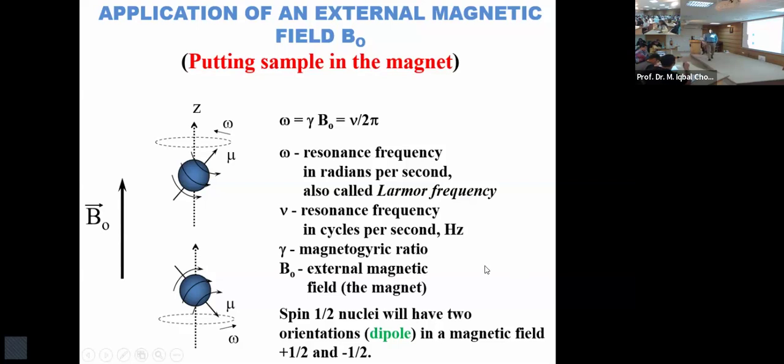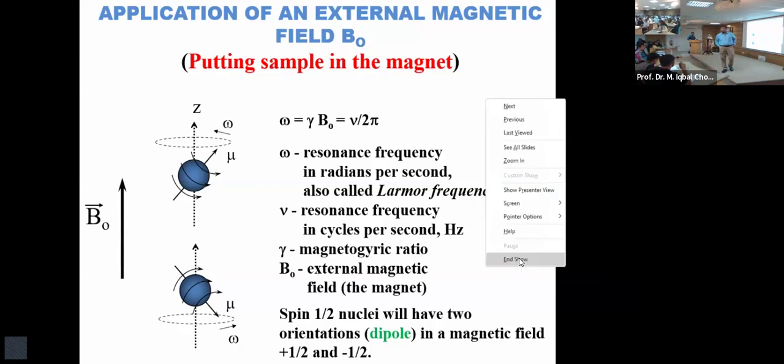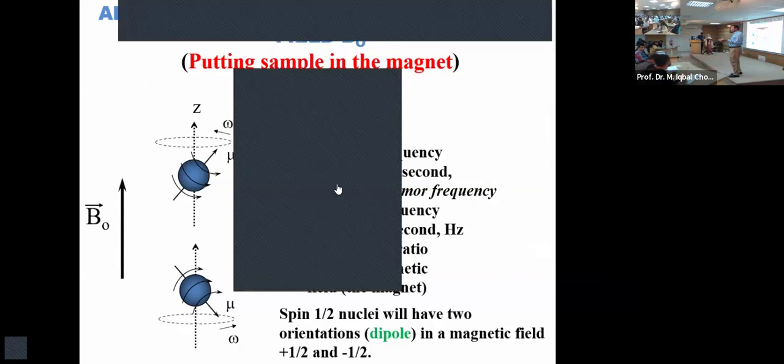Do we have elementary particles of magnetic field? You see, magnetic field is a vector, and magnetic field is actually generated by a superconducting magnet. This is an alloy of niobium with tin.